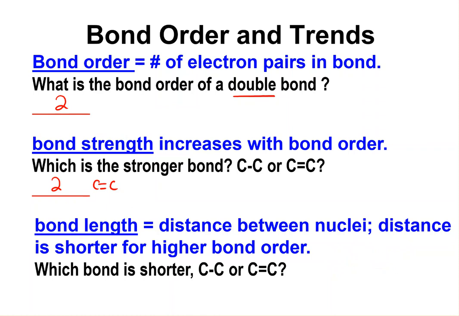What it ends up is that the more electrons they're sharing, the closer they're going to be pulled together. And so that's what it says. The distance is shorter for higher bond order. So in other words, triple would be the shortest, then double, and then single are the longest. So which one is shorter here? Would be the double.